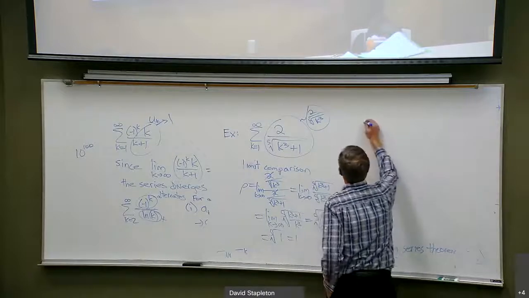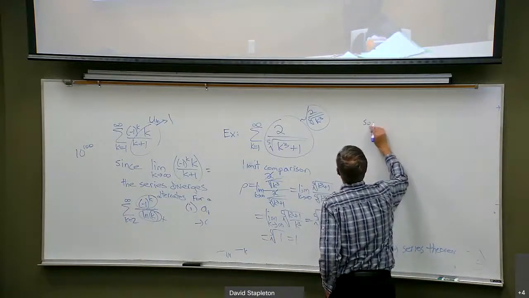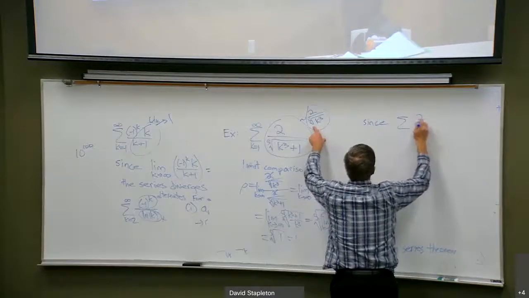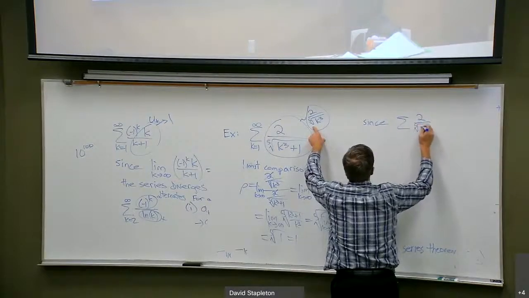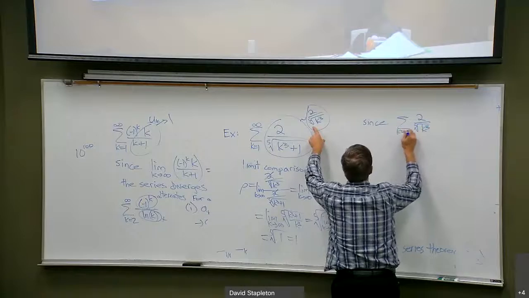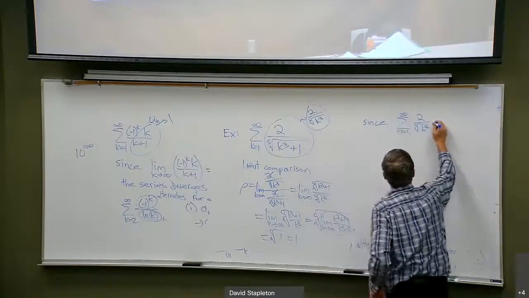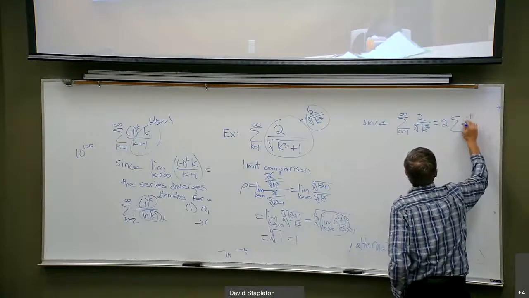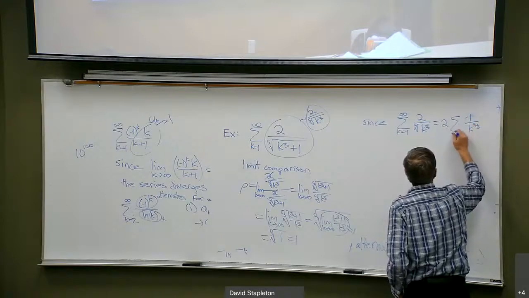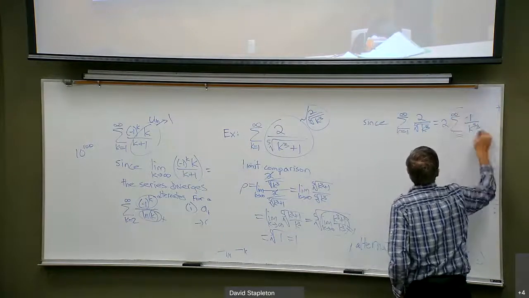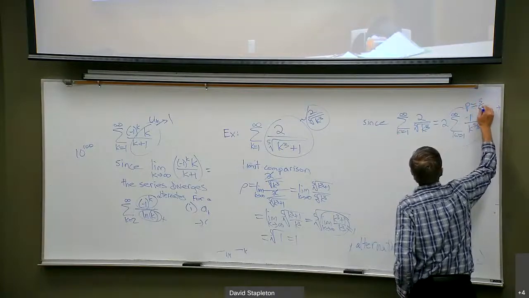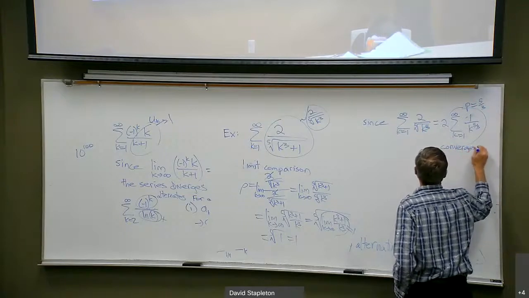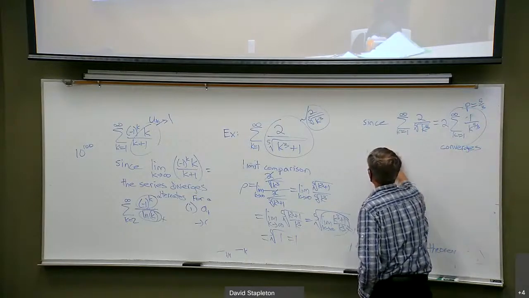So since the other series, sum of 2 over the fifth root of k cubed without the 1, is 2 times a p series with p equals 5/3, which is bigger than 1, it converges, so does our series by the limit comparison test.